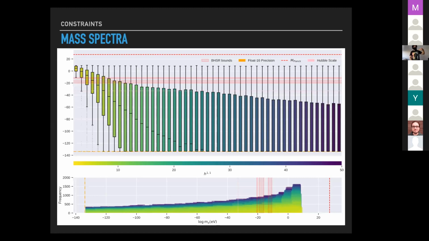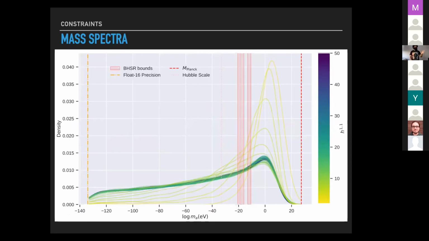Okay, so just to give you an idea as to the distribution of the massive ALPs, what you can see is that there seems to be a peak in all cases at around an EV.